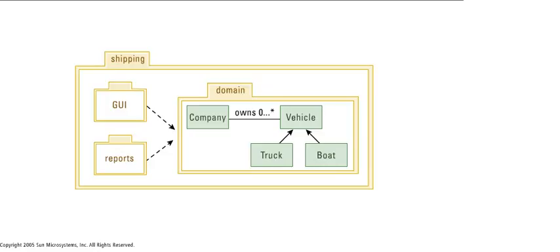For instance, let's say we had a shipping application, and a large portion of those classes were related to the graphical user interface, and a large portion of those classes were related to reports for the application, and a large portion of the classes were part of what we call the domain objects, such as the company, the vehicles, the trucks, and the boats. So we might want to group those classes into those logical packages of GUI, reports, and domain to help manage these classes.